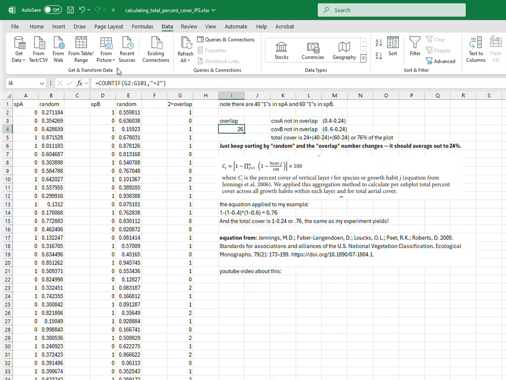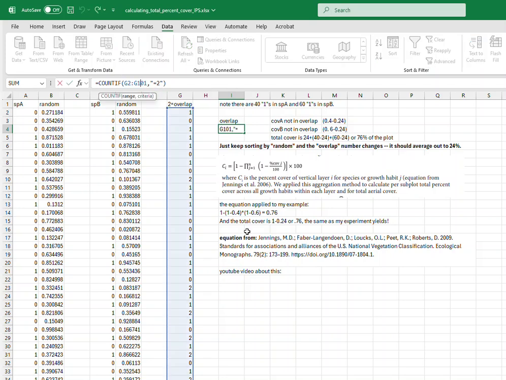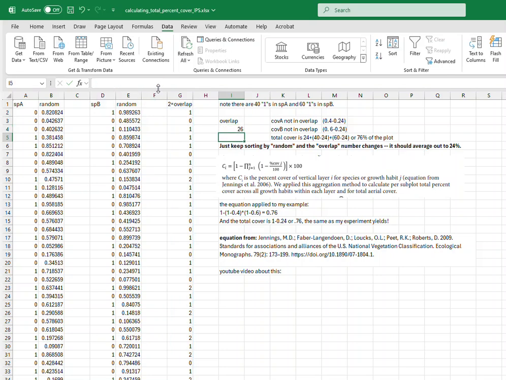With this simple equation, I can just count up how many 2's occur in my transect. In other words, how many times do species A and species B occur together? With this first run of my simulation we get 26.